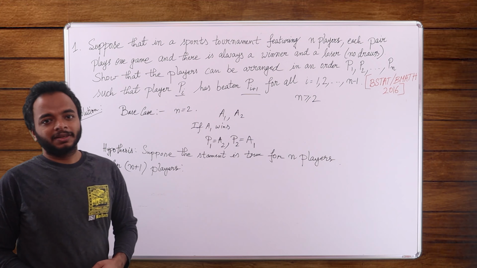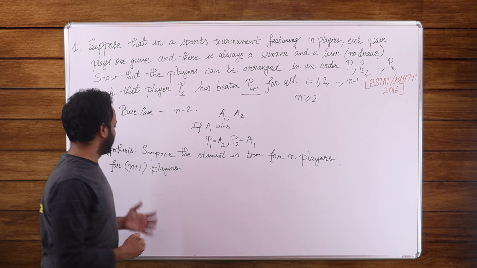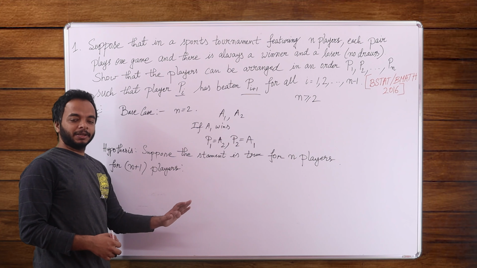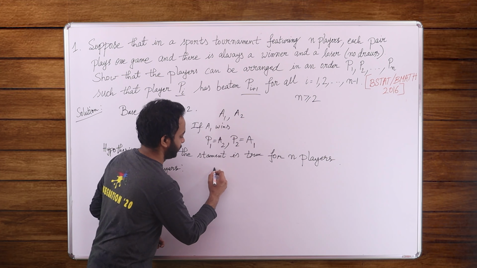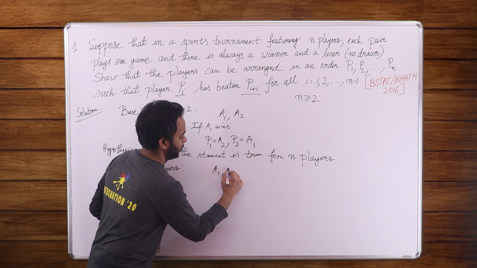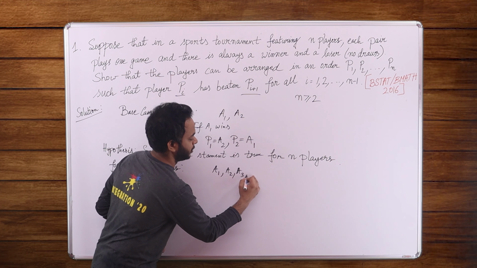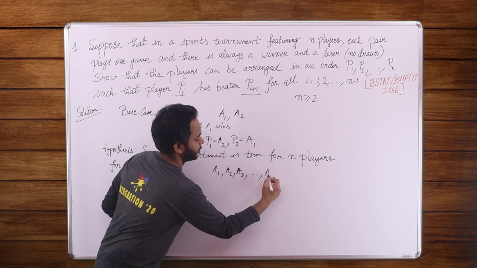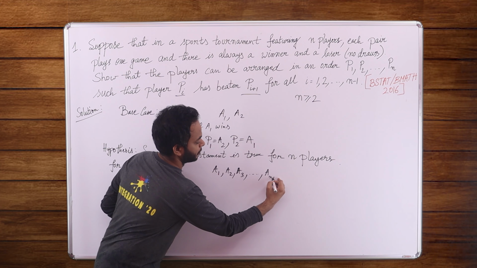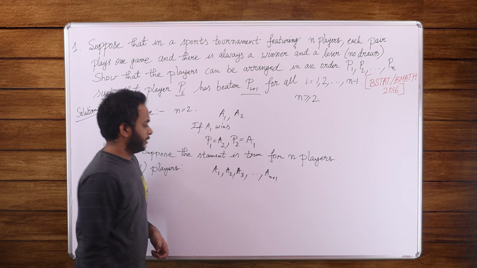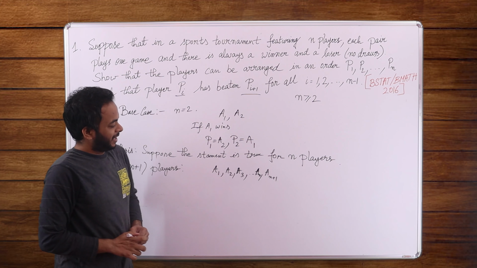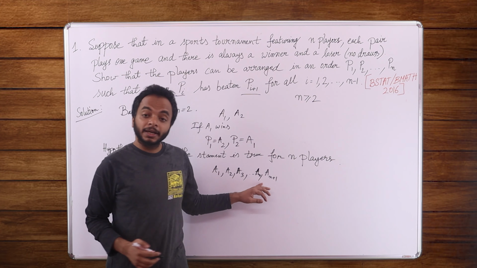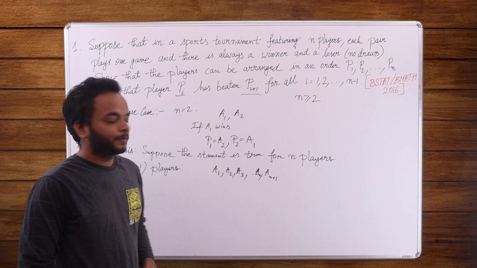So for n plus 1 players, what happens is that if I take any n players out of it, suppose I have A1, A2, A3, up to A n plus 1.